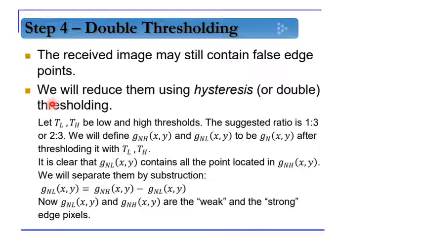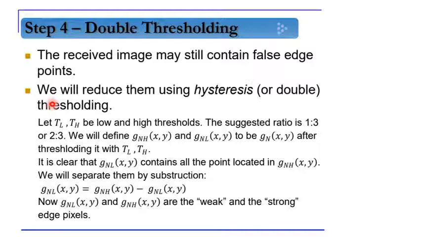Suppose my edge is represented by a pixel value of 90, and I assign a low threshold of 30, some false edge points may come into the picture. And if I set a higher threshold of 100 while my actual edge is represented by 90, I will miss most of the edge points. So this should not happen.